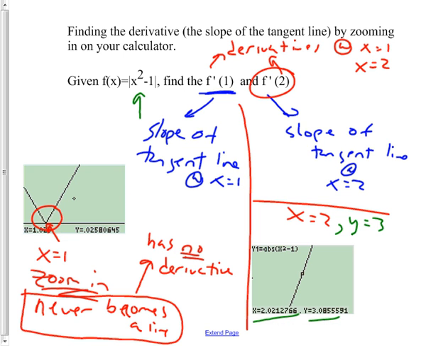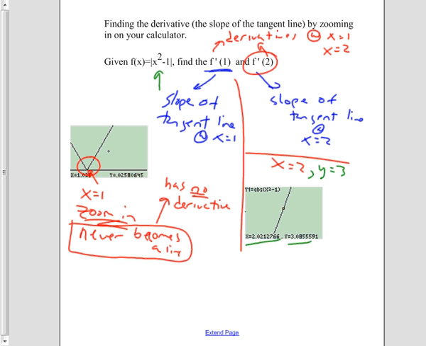Because now we have a straight line, as opposed to here, where there was no straight line and it never becomes a line, here we get to a line. So therefore we can talk about the slope, so the derivative at x equals 2.